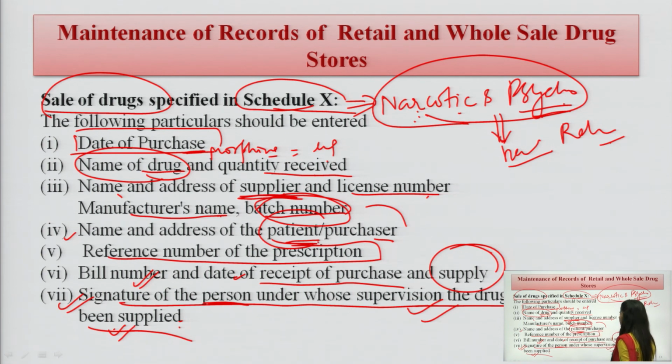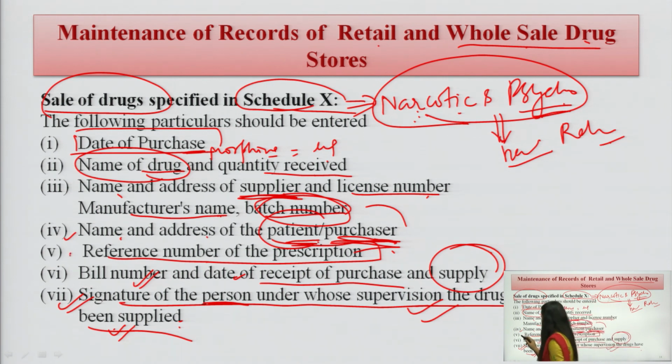Sometimes another consumer is taking the drug. Just as in the case of a wholesale drug store, if any retail store is taking products from the wholesale drug store, we call it a purchaser. So for any purchaser, we record the name and address. What is the reference value of the prescription? It is written on the prescription.